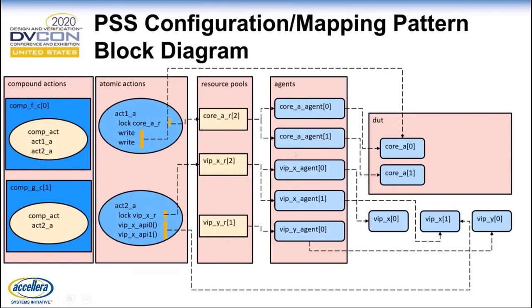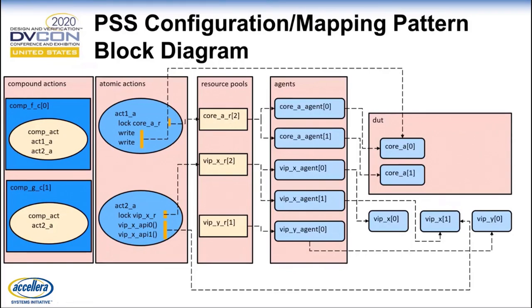Now we want to connect these agents to the modeling space. The way we do that, we use resources. So resources are a very natural way to be randomly selected, and you can either lock or share a resource. So for every agent instance that maps to every VIP instance or core instance, we'll have a resource object within a pool mapped to that specific execution agent instance.